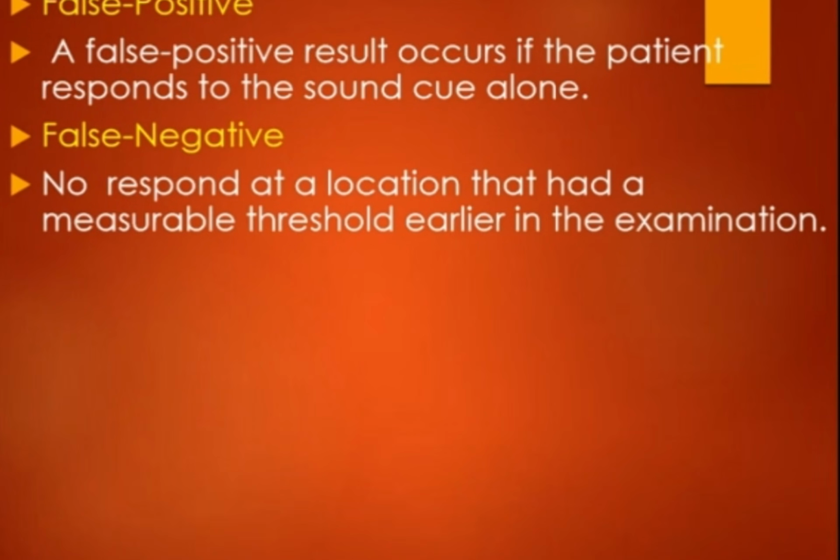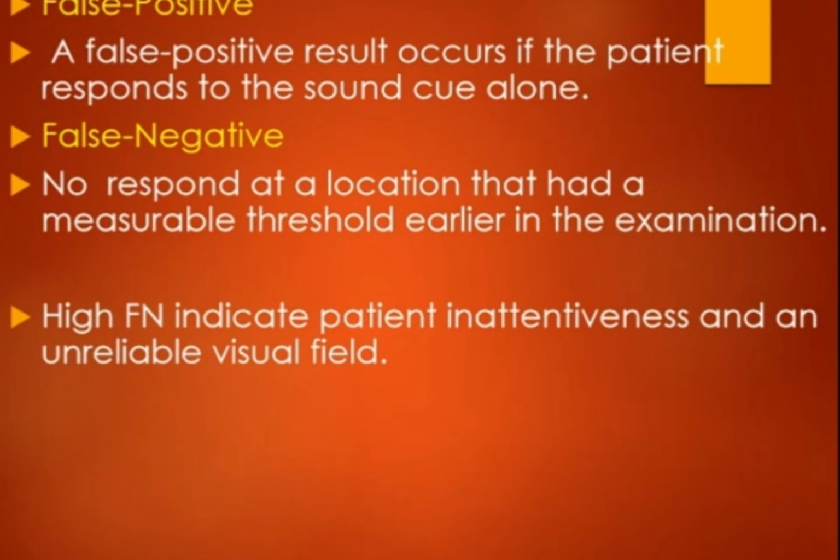So for the false negative, no response at a location that had earlier been examined and responded to, just like I said earlier. So high false negative indicates that the patient is inattentive and the result is unreliable. If it is more than 25%, that means the result is unreliable. So any of the catch trials that is more than 25% for some authors or more than 33% for some authors, we don't bother interpreting.